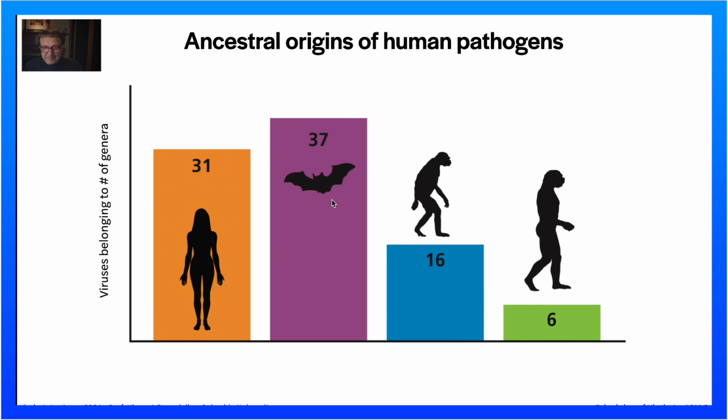Now, the next one, 16 members of 16 viral genera. We got from ancestors of Homo sapiens, right? The hominid ancestors. They got the viruses from animals, and then they passed it on to the Homo species. And then finally, members of 6 genera, we acquired from our Homo relatives, Homo sapiens from Neanderthalensis and Denisovensis.